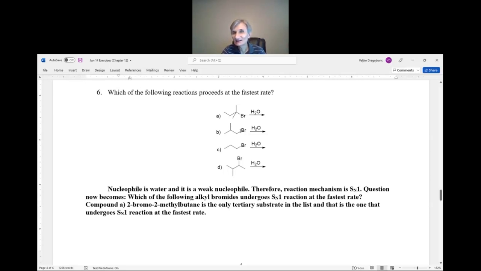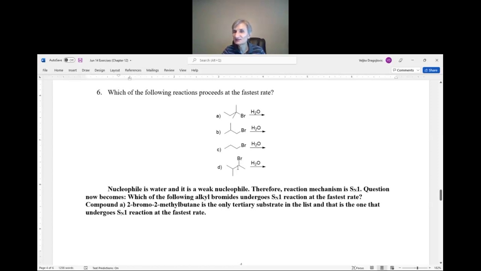So B is unlikely to undergo SN1 reaction at all. This reaction is unlikely to work at all. We would really need hydroxide here, like sodium hydroxide, for this reaction to proceed, not water, to favor the SN2 reaction, because this is primary, and primary carbocations are generally not stable enough for this reaction to proceed at a reasonable rate. C is also primary, same as B.